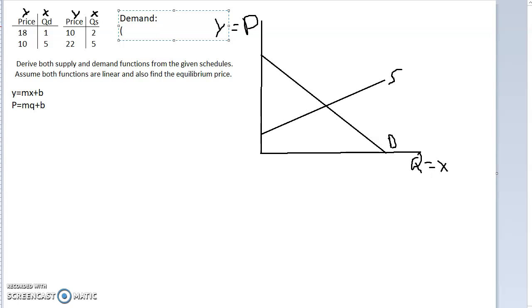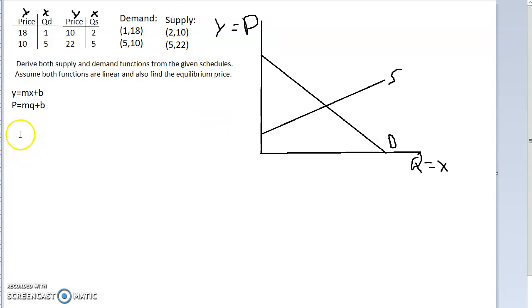And so for demand, we go 1, 18 is the first combo, and then the second one is 5 and 10. Okay. For our supply pairs, we get 2 and 10, and then 5 and 22.